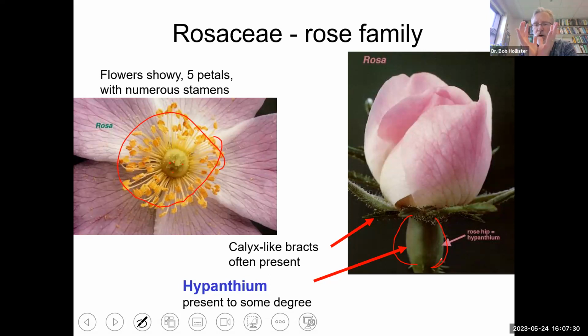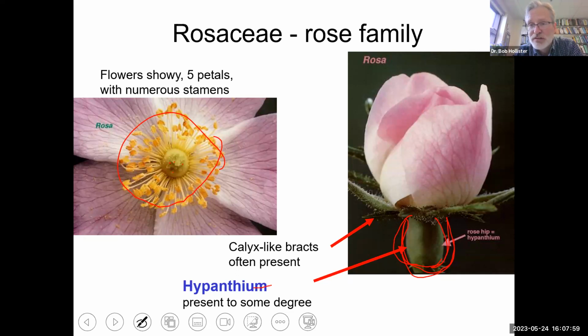There's like this little ball or bowl that the pistil sits in. Okay, so the pistil would be in the middle here, and there's this little bowl that it's within. So the pedicel, the stalk is kind of enlarged into a bowl, and that's a hypanthium. Okay.